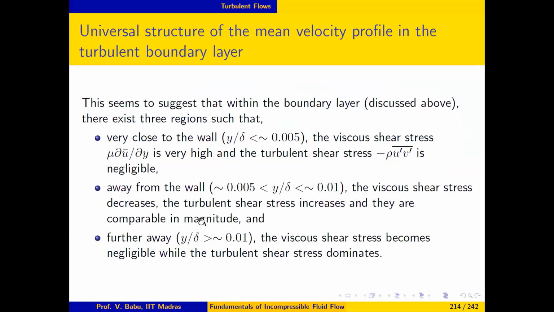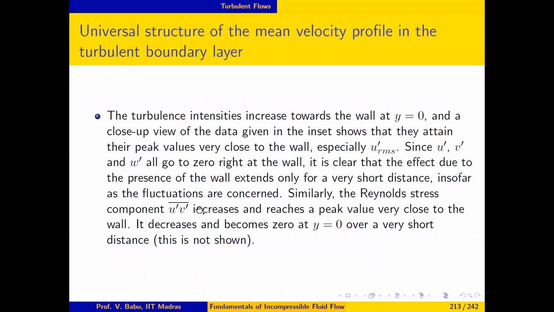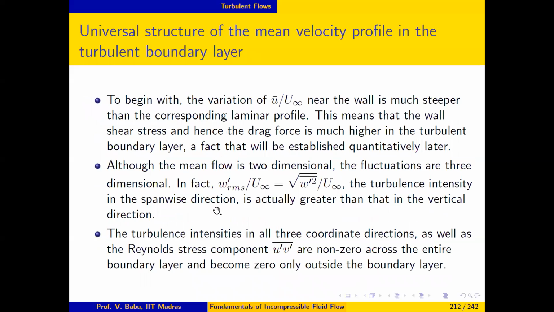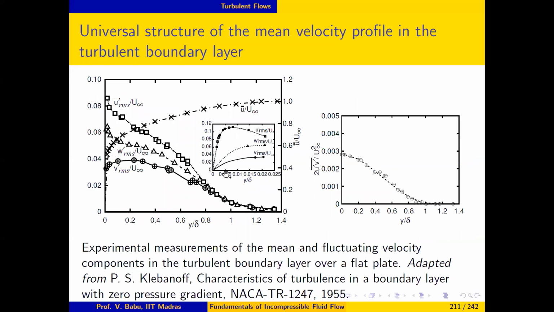So we can say that very close to the wall, the turbulent shear stress is negligible, but the viscous shear stress is very large because of the huge gradient in the mean axial velocity. And slightly away from the wall, in the region between 0.005 and 0.01, which is this region here, the turbulent shear stress increases and attains a maximum, whereas the gradients in the mean velocity profile begin to ease out.